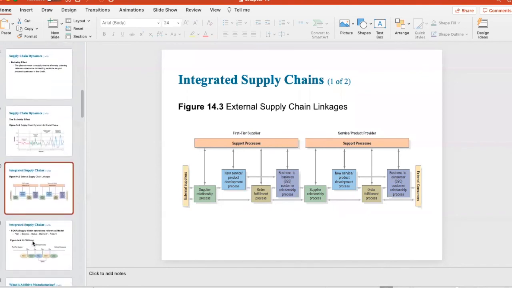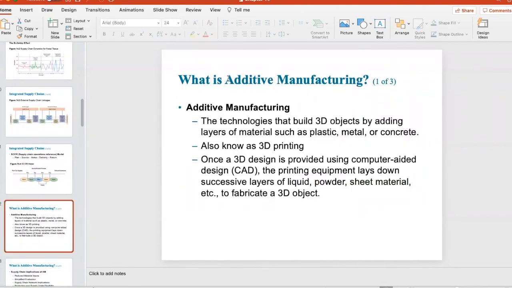Okay, let's continue. Here, I also introduce one specific term called additive manufacturing. The reason is very simple. Nowadays, we all know that technology is growing very fast. Additive manufacturing is a newly developed high technology that is more and more popular within different industries. Here, we just provide an example of how new technology will also impact overall supply chain integration.